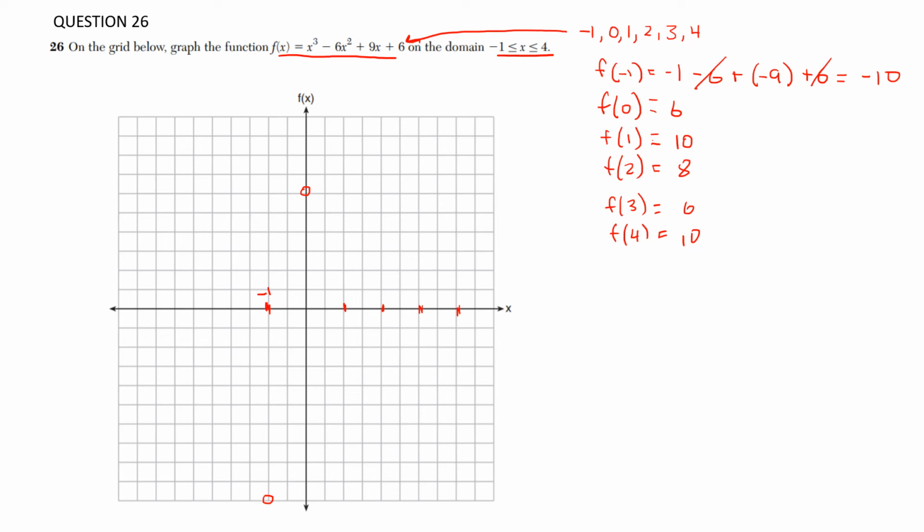And 10, 10, and then 8, and then 6, and then 10 again. So we know that this is a cubic function, so it looks something similar to that, right? So let's just draw this out. And that should be our final answer.